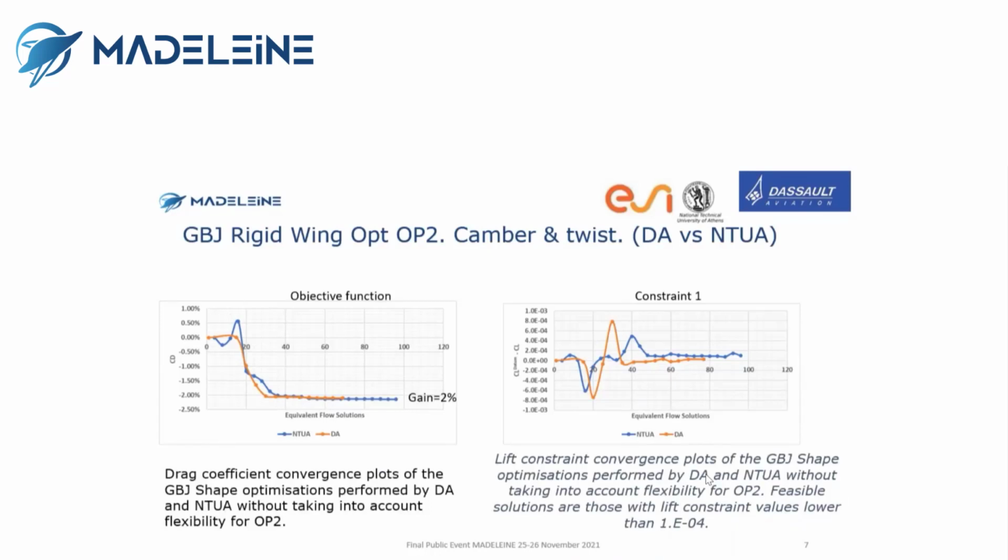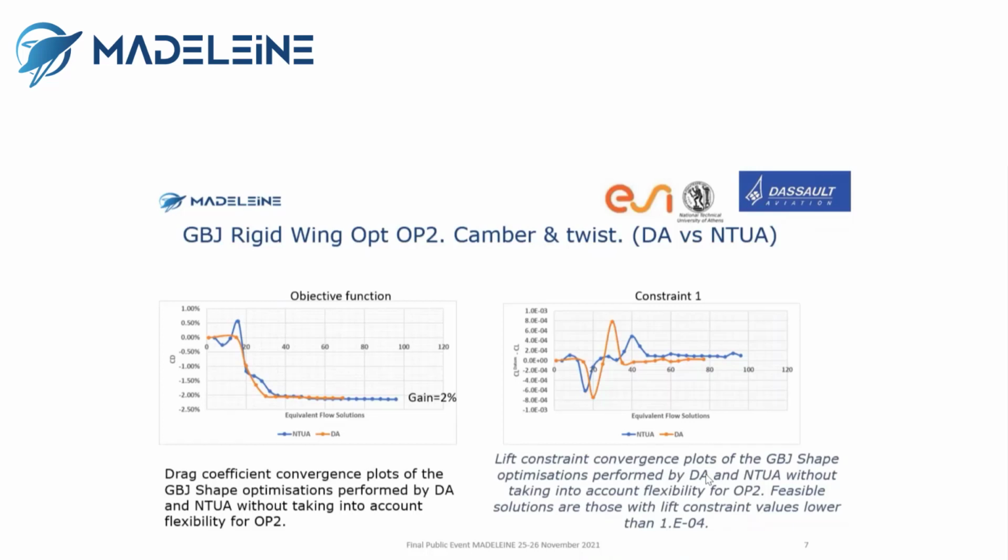In both cases, we obtain a gain of 2% on the drag coefficient. And we have two constraints on pitching moment and lift coefficient. They should be equal to datum. Constraints have been achieved with 10^-4 accuracy.